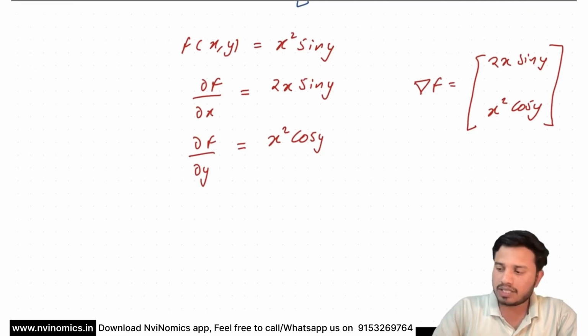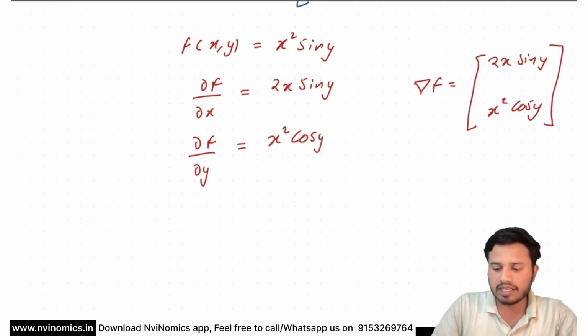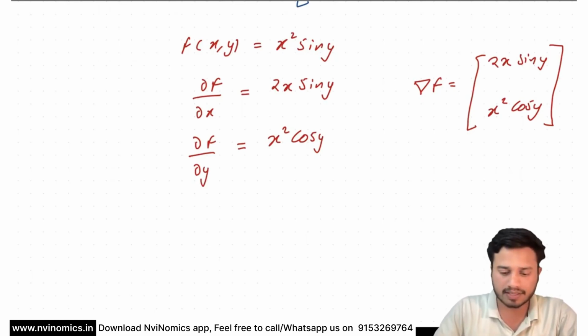And the length of this gradient vector tells you how steep that ascent or descent is, right?